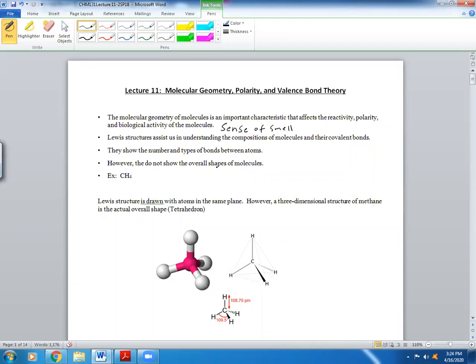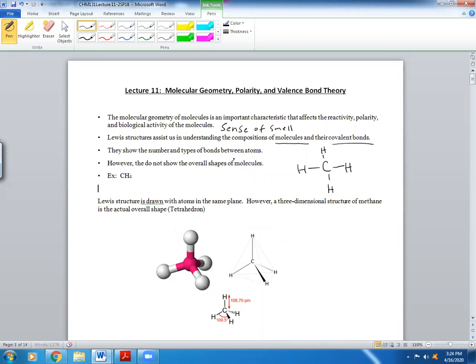So Lewis structures assist us in understanding the composition of molecules, of their covalent bonds. Yes, that's what we did in Lewis structures. So this was a Lewis structure for methane. We knew what bonds we have, single bonds, any lone pairs, whether we have triple, double, all of that stuff.